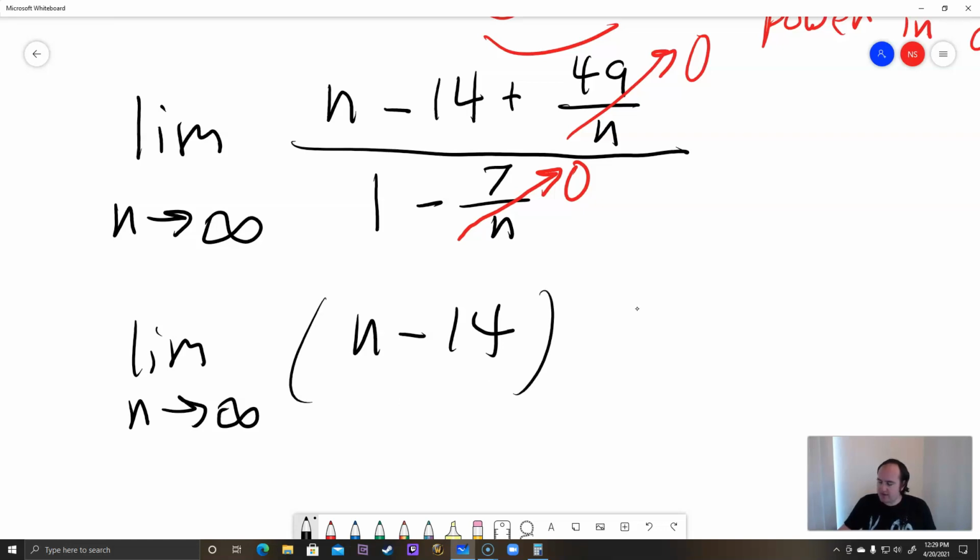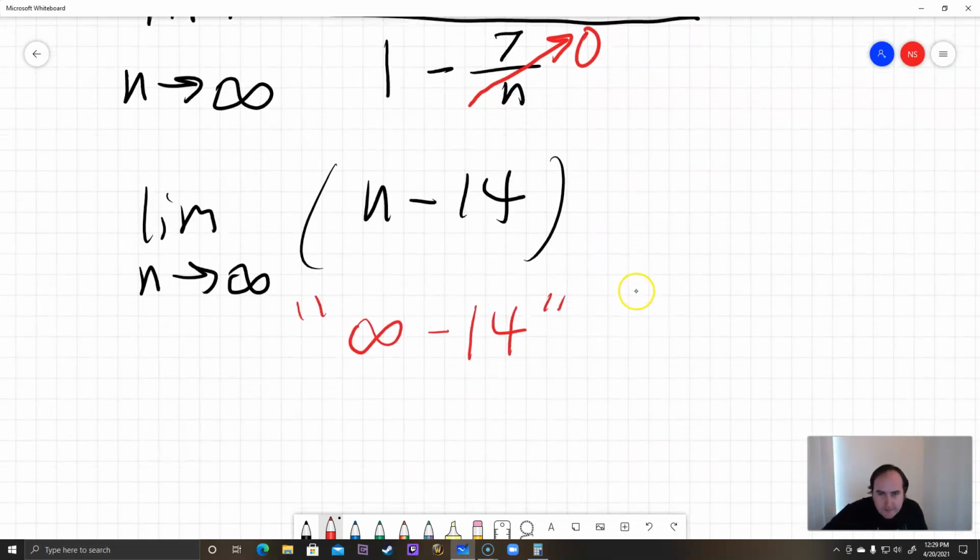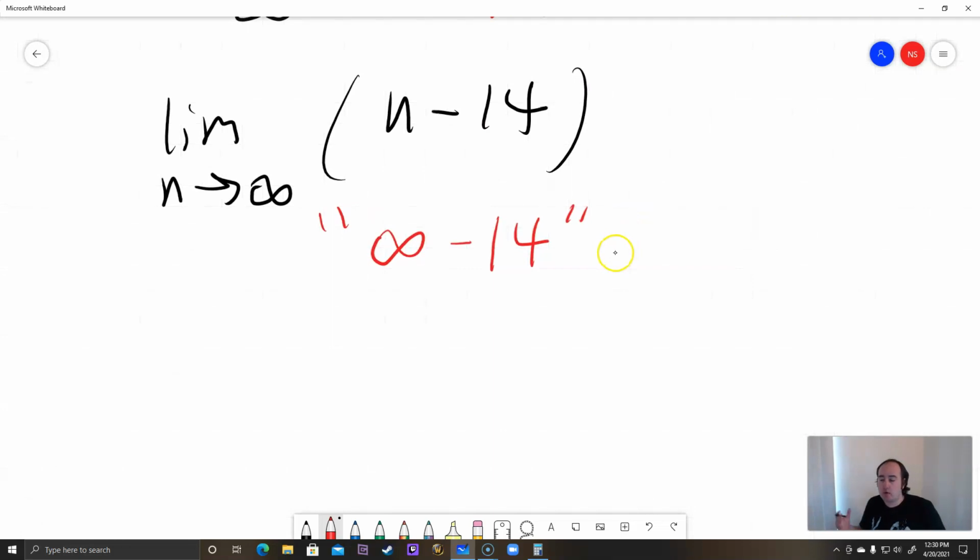So what's the limit as n goes to infinity of n minus 14? Well, in quotes, that's infinity minus 14. Infinity plus or minus any number is still infinity. I put it in quotes because you can't really subtract or add a number to infinity.